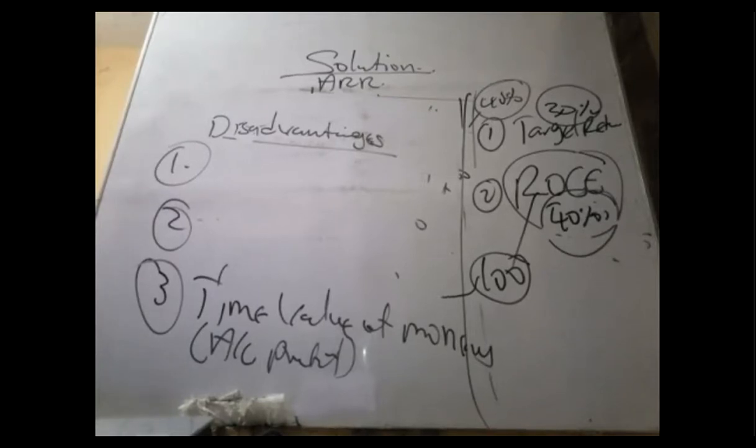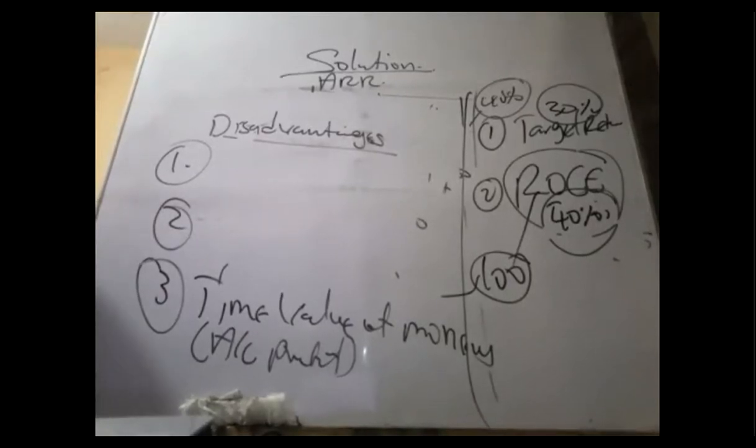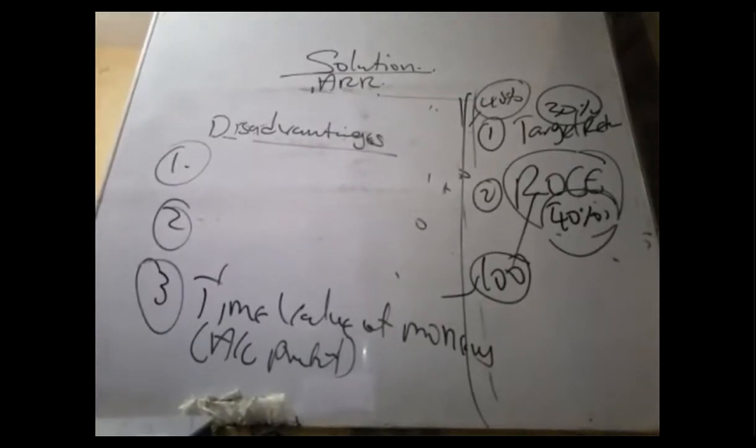Okay, so point number 4. The accounting rate of return is a mere percentage of return. It's a percentage of return relating to the average profit.